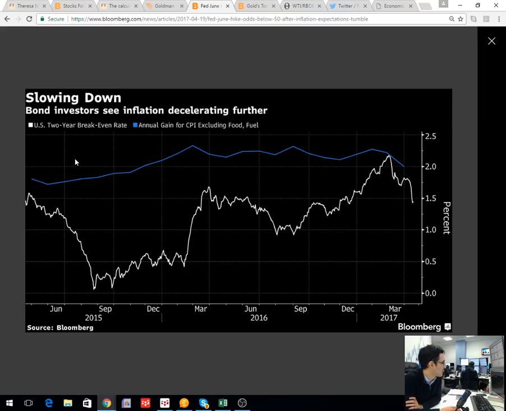And so what the market looks at is this US 2-year break-even rate, which is basically a measurement of inflation expectations going forward. That's plummeted more recently, and so too has the annual gain for CPI excluding the more volatile components of food and fuel. So any fears of inflation running away are also starting to decrease, and hence the Fed's need for an interest rate hike has declined.